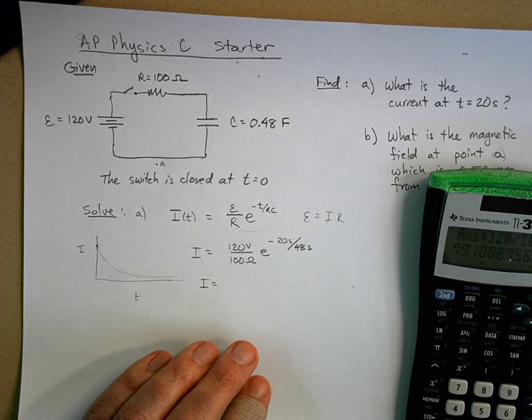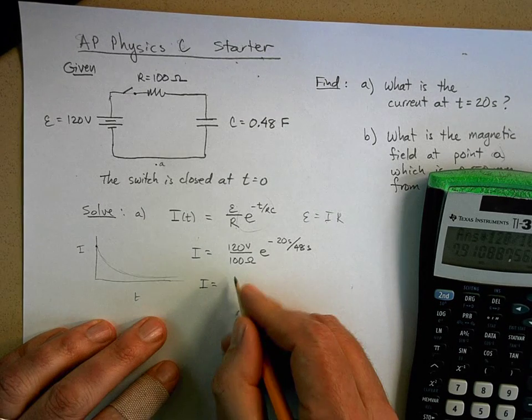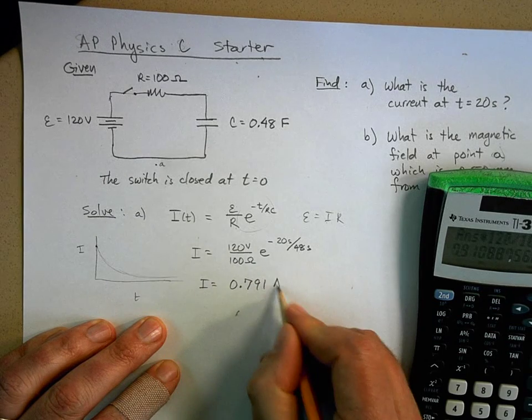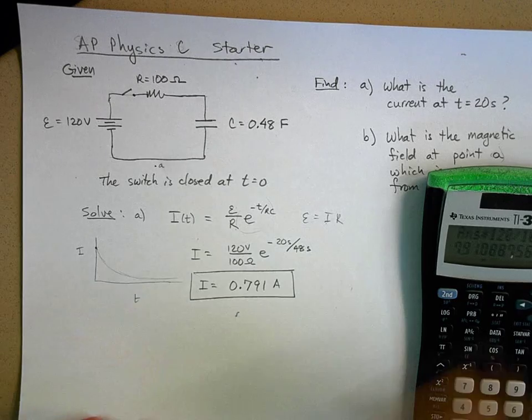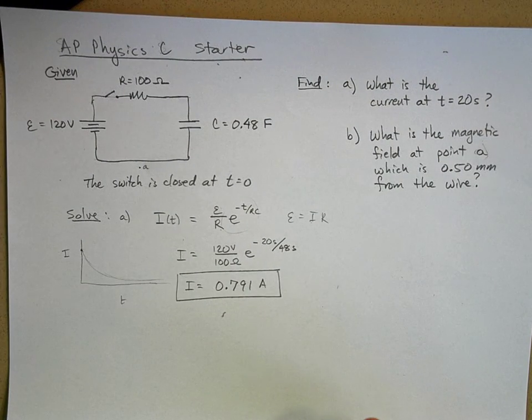And I got 0.791. Is that what you guys got? Okay, 0.791 amps. So that's the current in that wire.